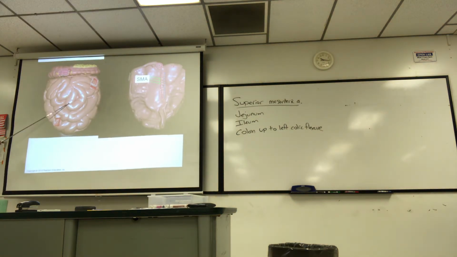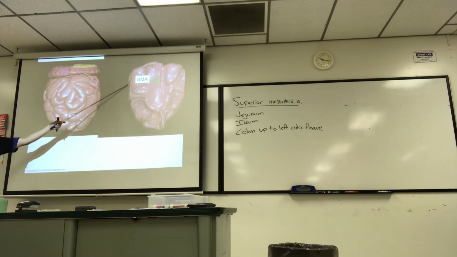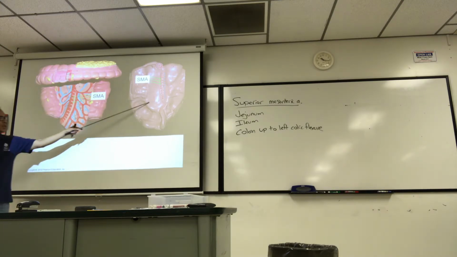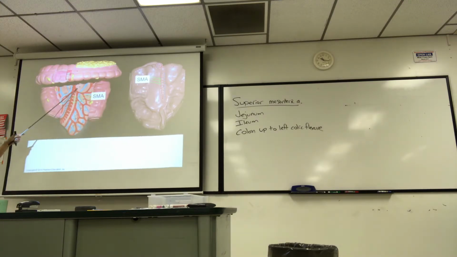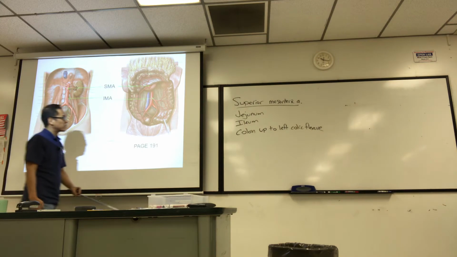So this is a front view. Again, this is looking at the back view. You should be able to identify the branches of the SMA there. You should be able to see that these cut branches match with those. The inferior mesenteric artery supplies blood to the rest of the colon.